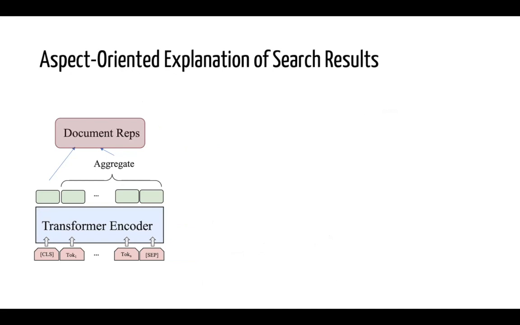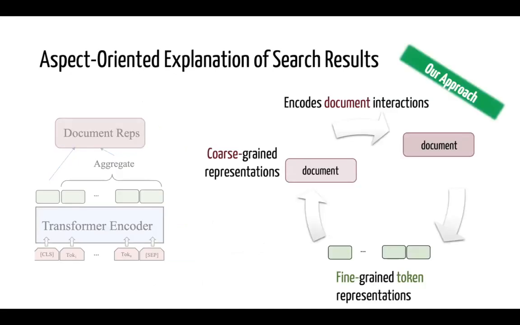It's true. So we aggregate the representation to come up with a coarse-grained document representation. That's what is mostly done. But in our approach, we design that iteratively. We make fine-grained token representations, aggregate them to get coarse-grained representations, and based on that we encode document interactions and update those. Then again, those interaction-based encodings impact the fine-grained token representations.